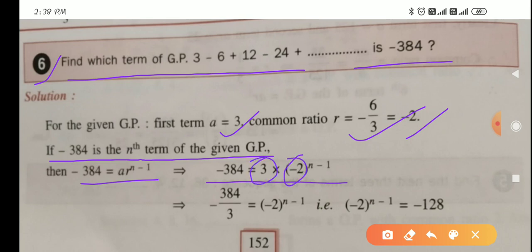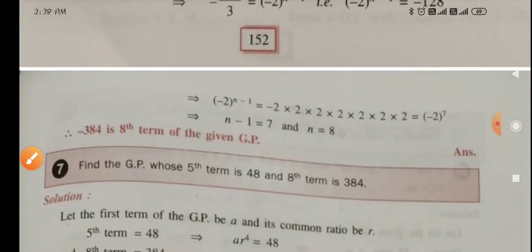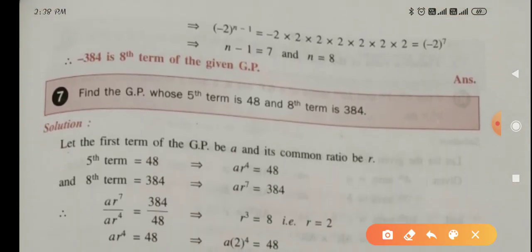Now you can divide 384 by 3. So it will come minus 2 to the power n minus 1 equals minus 128. Now you can factorize 128, you can find the prime factors of 128. So you get minus 2 to the power n minus 1 equals minus 2 to the power 7.